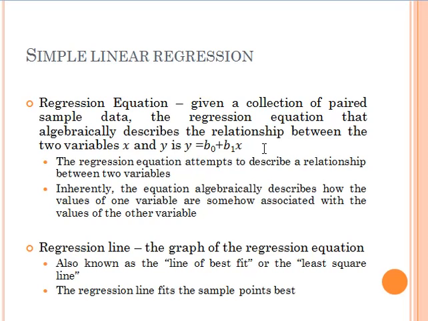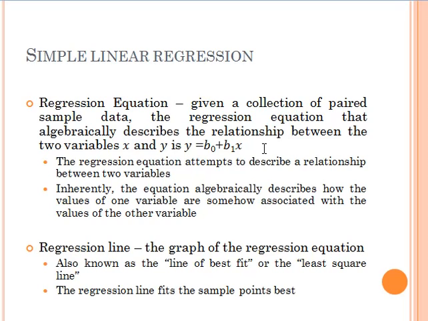The regression equation attempts to describe a relationship between two variables. Inherently, the equation algebraically describes how the values of one variable are associated with the values of the other variable. So there is a direct connection between the values of both variables x and y.